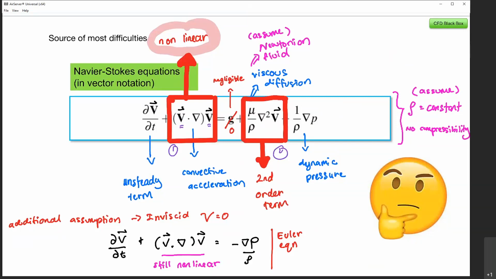Once we derive these equations, before we reach this final vector form of the Navier-Stokes equation, several assumptions need to be made, and we are left with several unknowns. These unknowns can only be solved by using numerical modeling, because we have non-linearity over here and we have a second order term. The second order term refers to the higher accuracy of the model, where we can get a better approximation of the flow field.